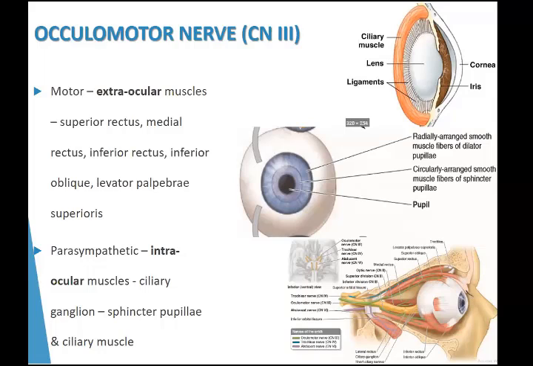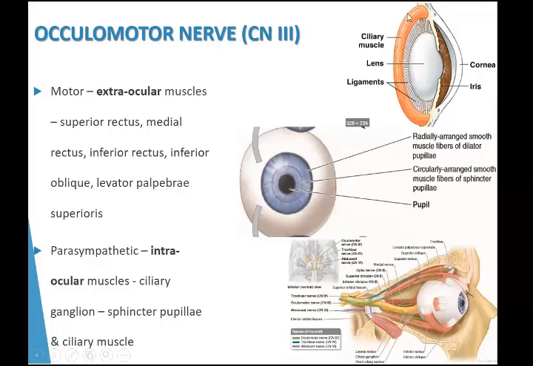Besides that, it also has a parasympathetic component. The parasympathetic component is responsible for the supply of intraocular muscles, muscles lying inside the eyeball. Now which intraocular muscles are there? The sphincter pupillae, this is the pupil, so this is the sphincter pupillae, and this is the ciliary muscle, the muscle of the ciliary body.